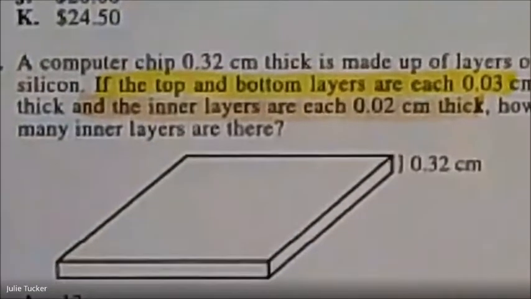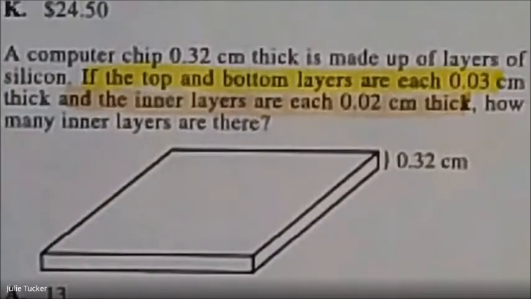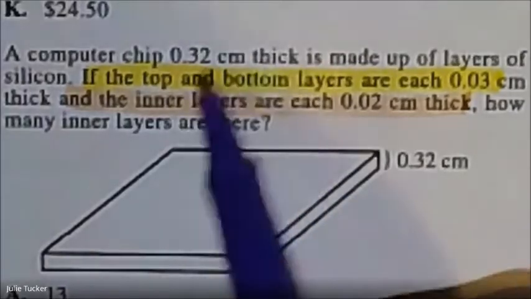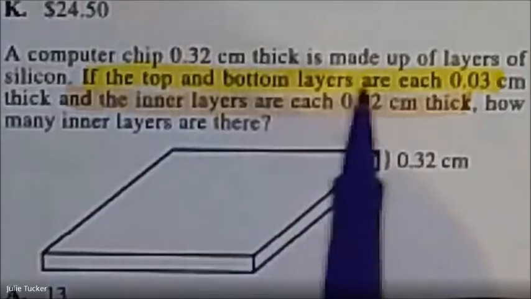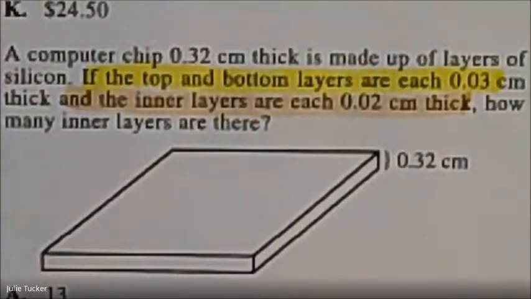So what math do you need to do? Yeah, so you have a point, when they say the top and the bottom are that, they're saying there's like an outer coating that's a different thickness than what's on the inside. Kind of like an Oreo cookie.